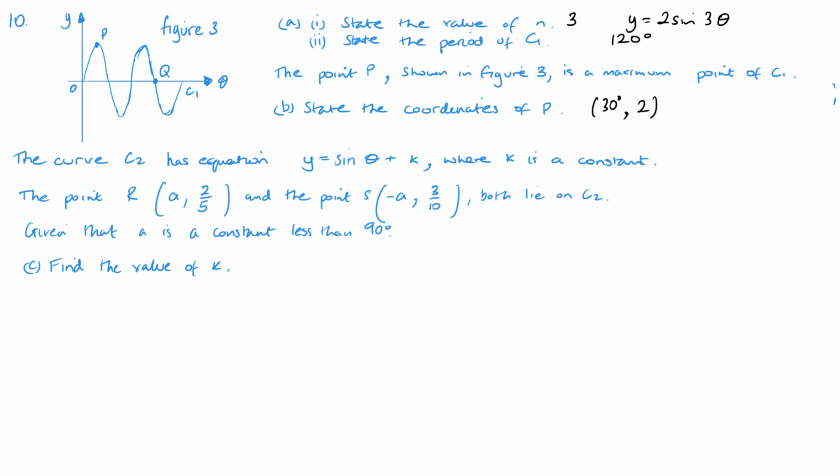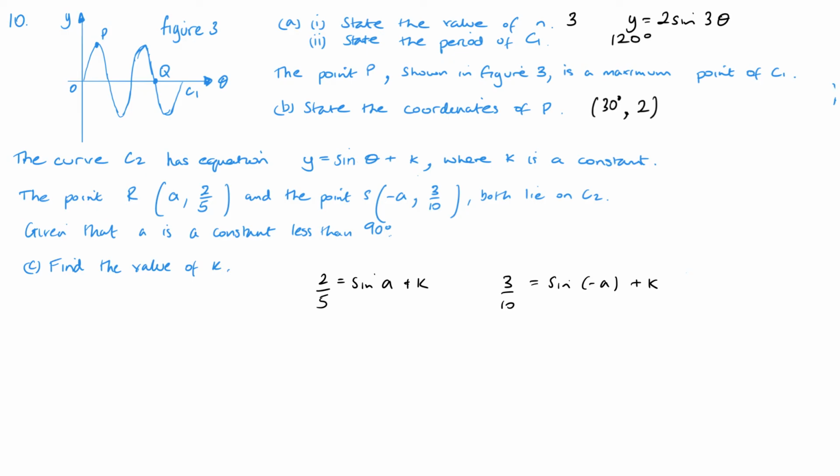Well, I guess there might be more than one way of doing this, but immediately what springs to mind is to effectively substitute into what we've got there. So, you know, 2/5 is equal to sine a plus k, and 3/10 is equal to sine minus a plus k.